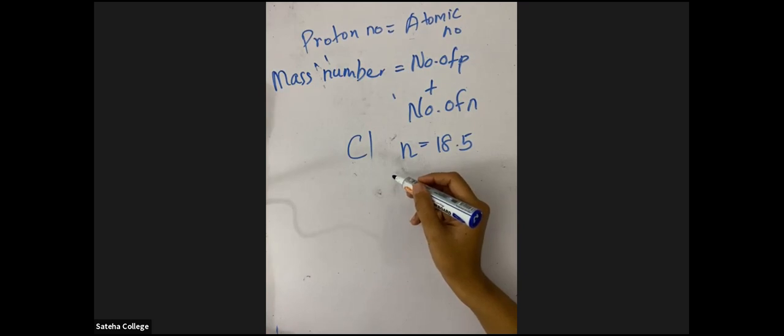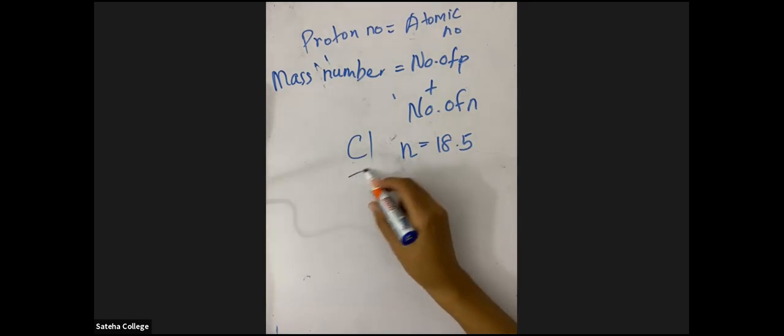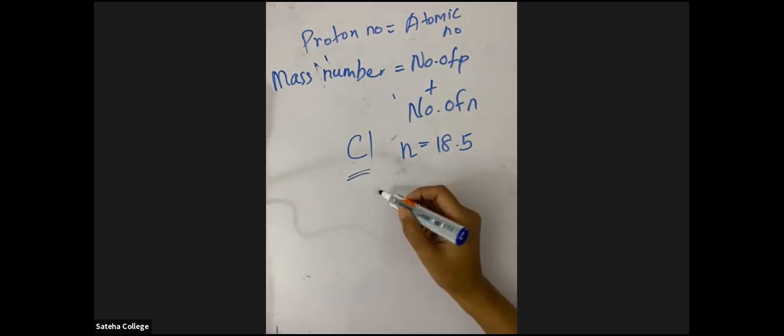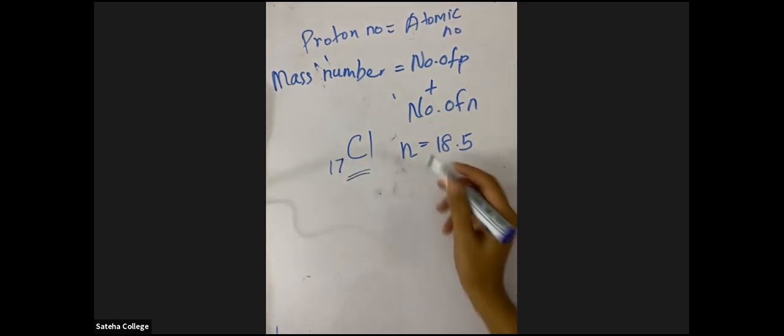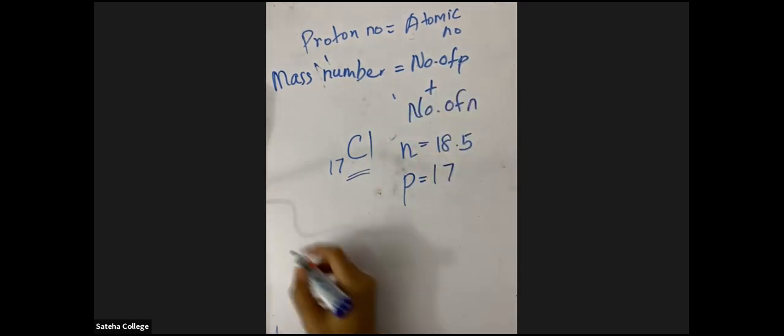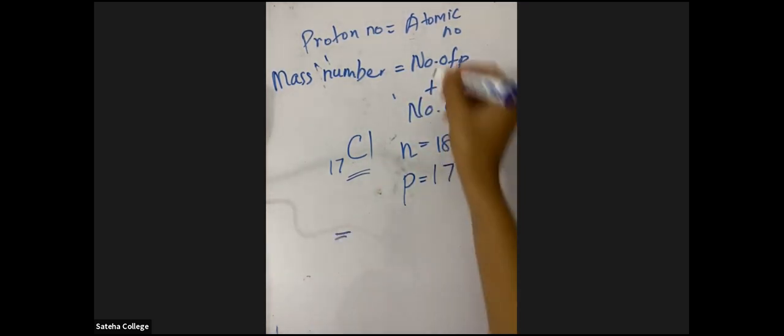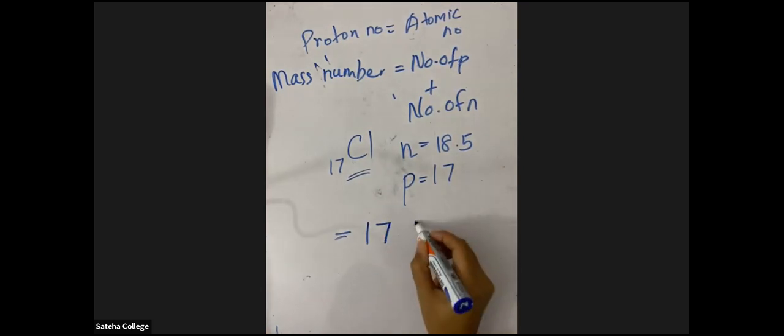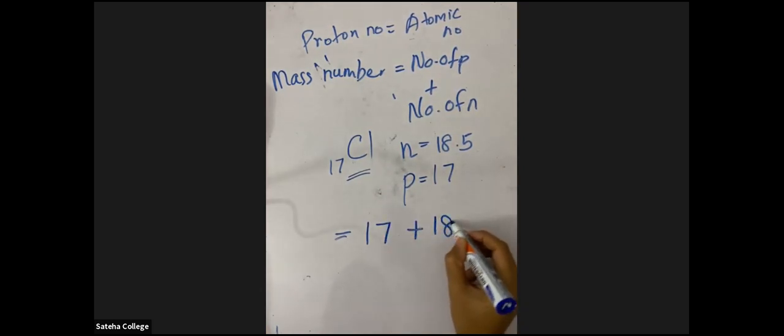Very good, the atomic number is 17. So if the atomic number is 17, what will be the proton number? 17. So now you add. Mass number is equal to proton, 17, plus neutron, 18.5.